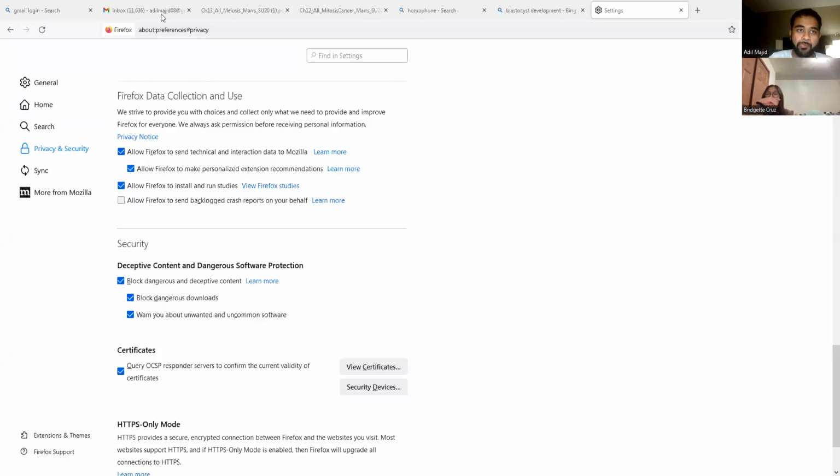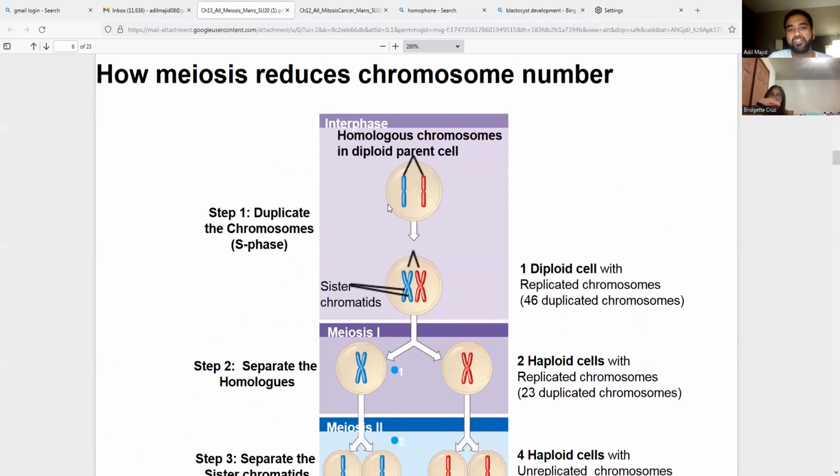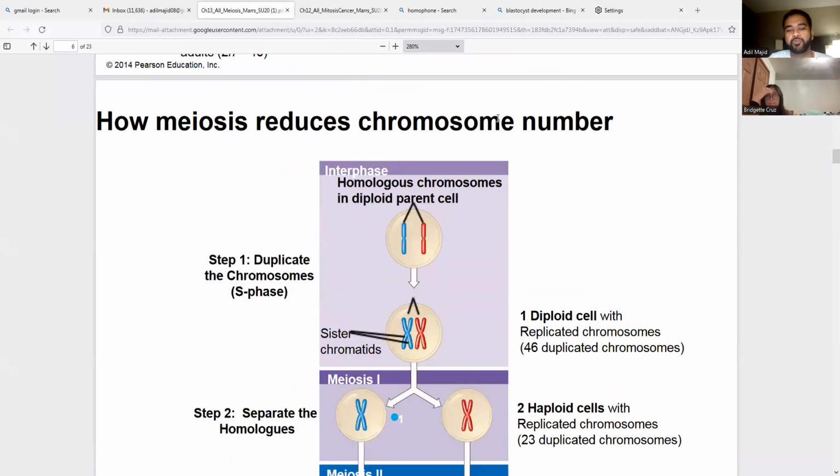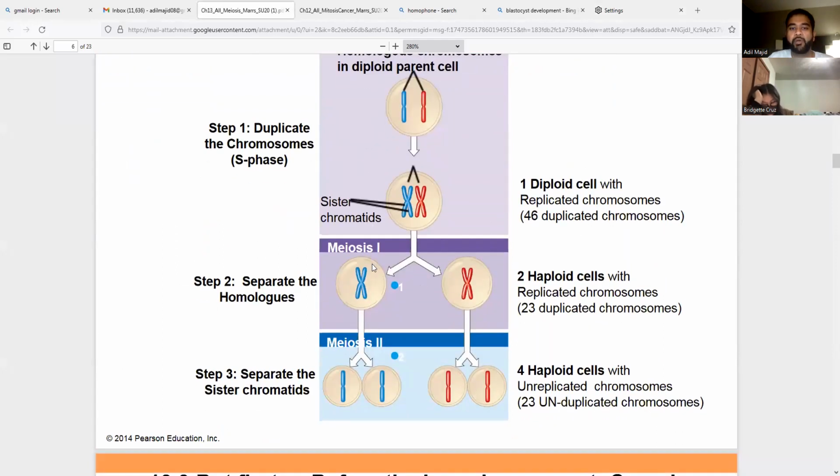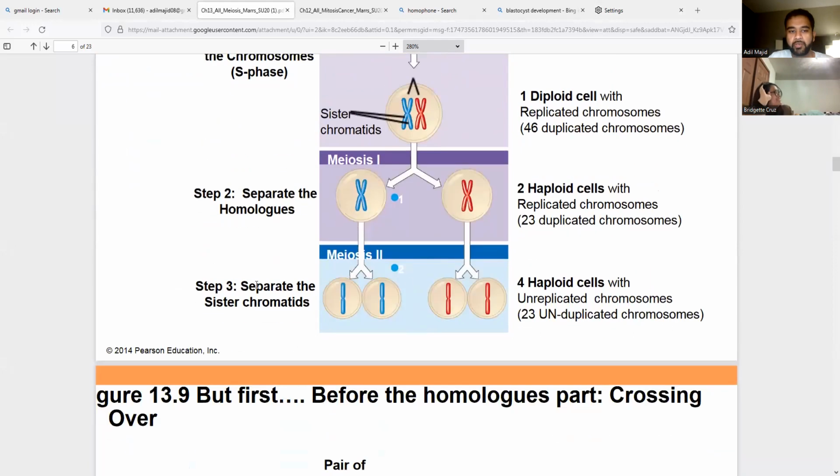All right, so that made sense, right? Yeah. Now, how meiosis reduces chromosome numbers. You have a homologous chromosome and diploid pair, sister chromatids. Meiosis 1 separates the homologous pairs, and then meiosis 2 separates the sister chromatids.